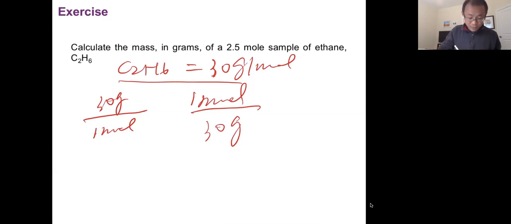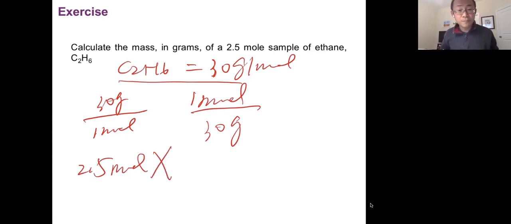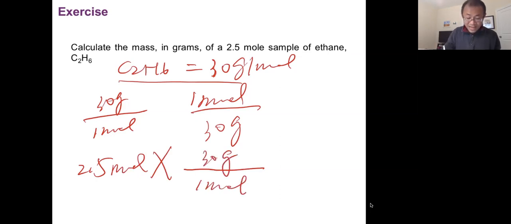We use the given, 2.5 moles. Always multiply by one of the conversion factors. Which one do I choose? I choose the one with mole at the bottom, so I can cancel the moles to get grams.